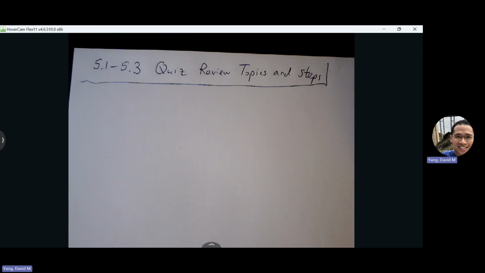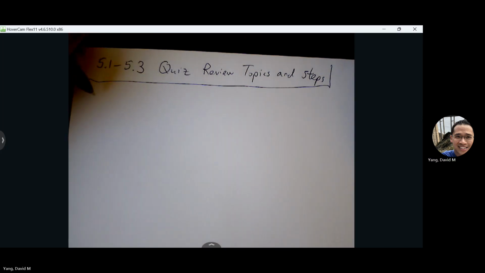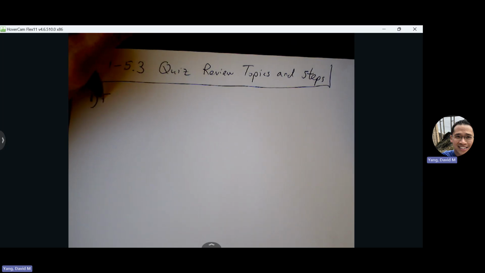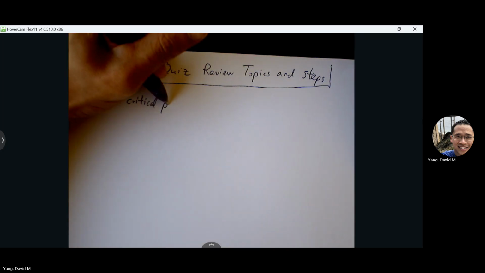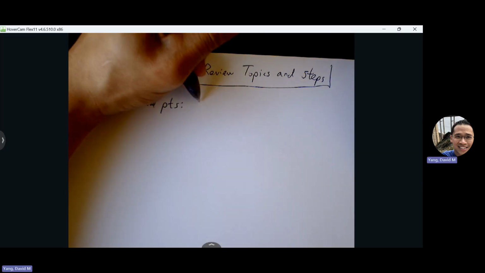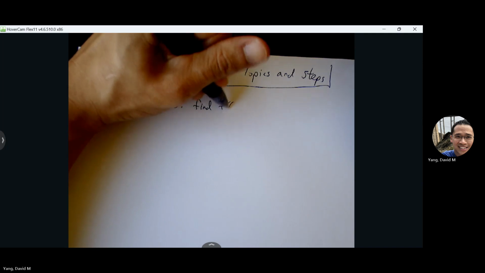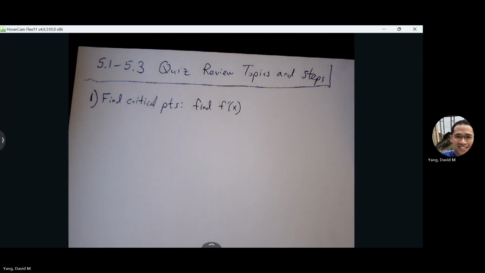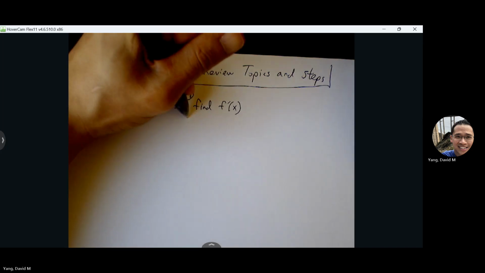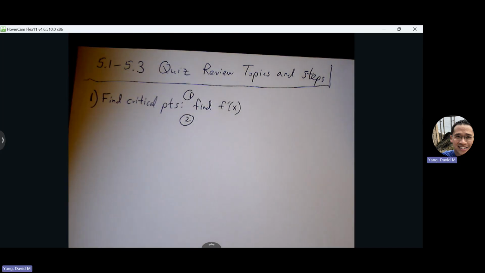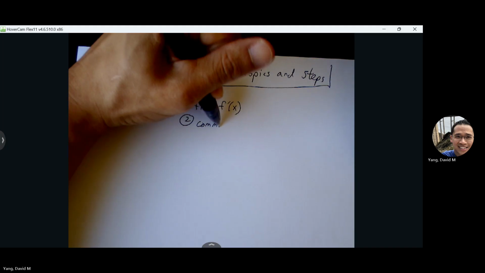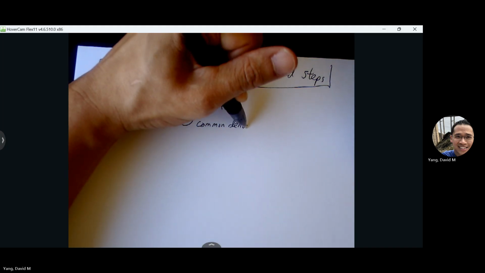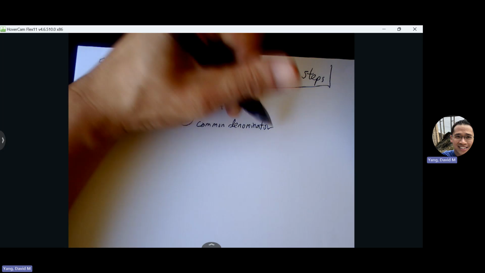All right, so quiz review topics and steps. The first is if a problem says find a critical point, all you're going to do is find f prime. And you're just going to set the numerator and denominator of f prime equal to 0. But sometimes you may need to find a common denominator so that you can get it down to one fraction.